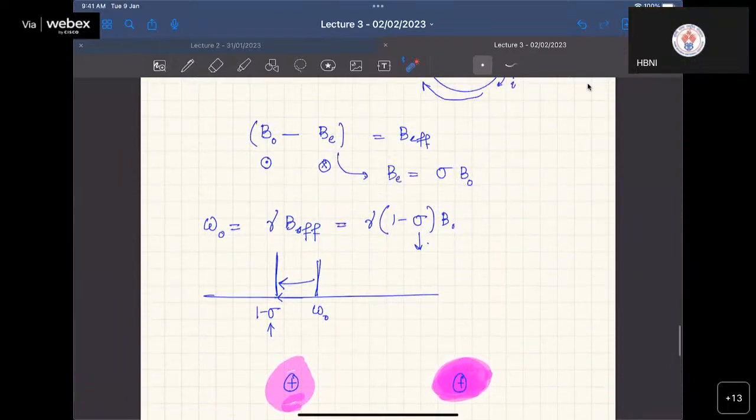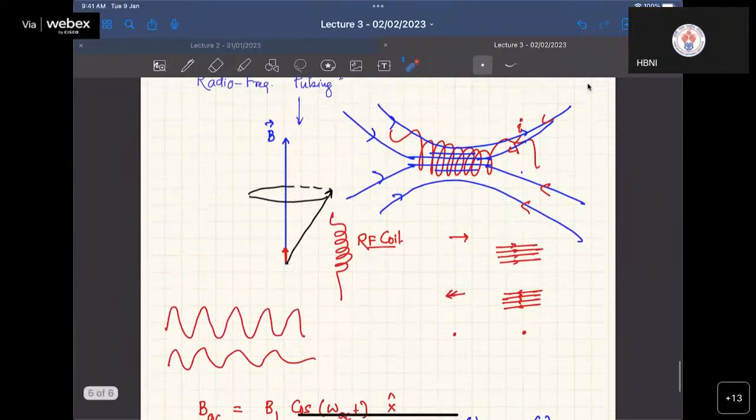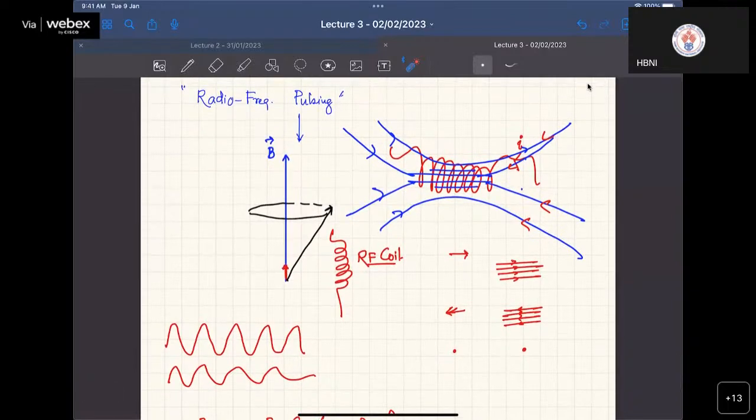You have drawn the circuit, I think. When you are showing the current flowing and the magnetic field being generated, I think that is the channel. No, some Japanese symbol is also coming. I don't know.